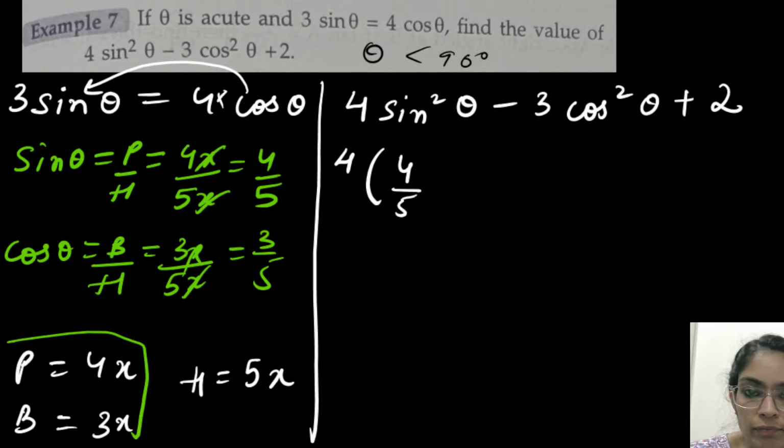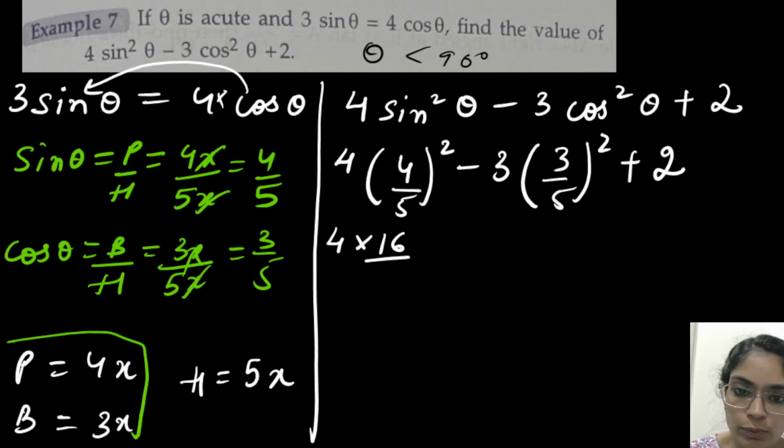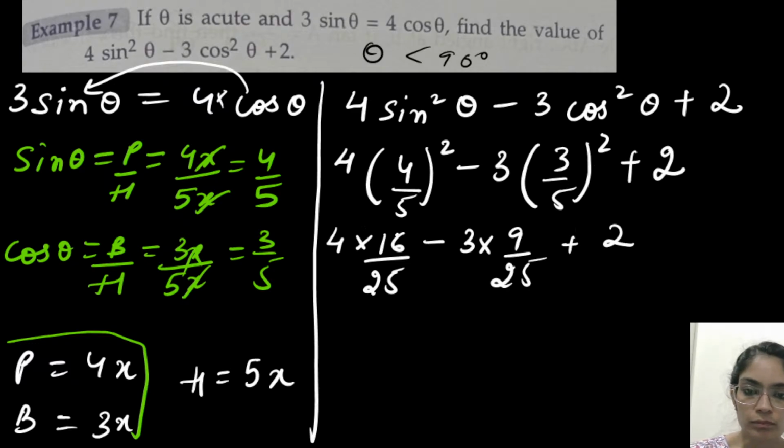It's 4 by 5 whole square. 4 into 4 by 5 whole square minus 3 into cos theta, 3 by 5, whole square plus 2. So 4 square is 16, 5 square is 25. So 4 into 16 by 25 minus 3 into 3 square is 9, 5 square is 25, plus 2.